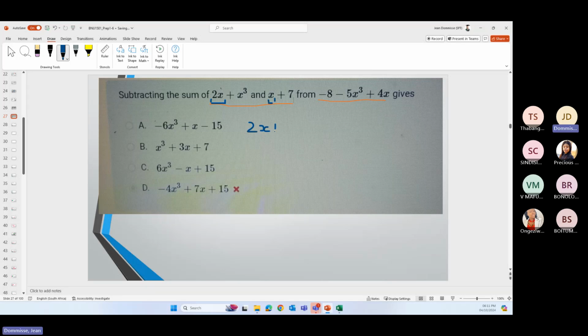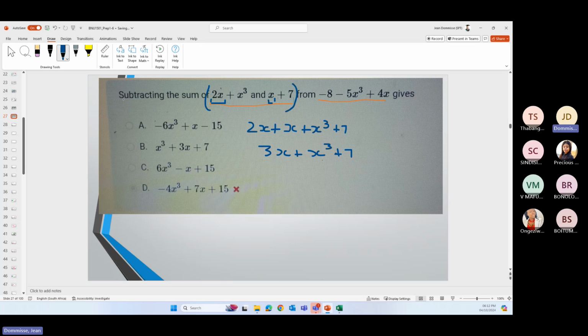Okay, so we've got the 2x plus the x. So that will give us 3x. Then the other two, there's nothing else we can do with that. So that is when we have added that and that together.